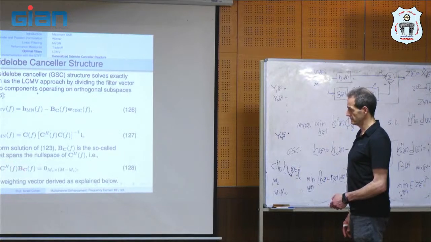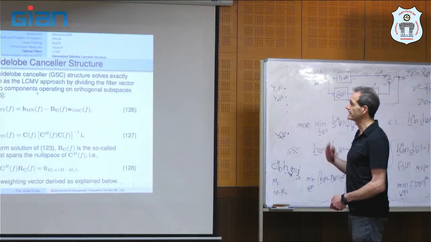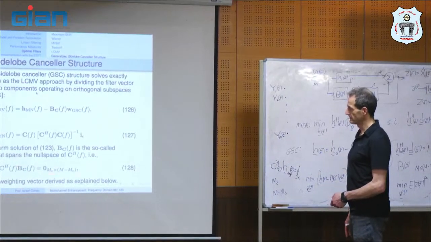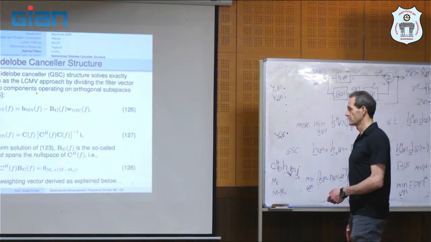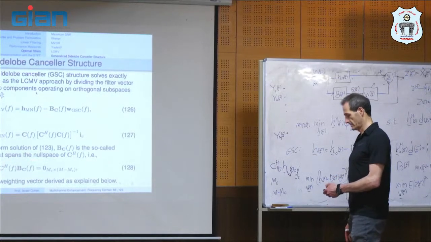So actually, we say that the blocking matrix spans the null subspace of C. This is the way to tell it, okay? Because this is satisfied.